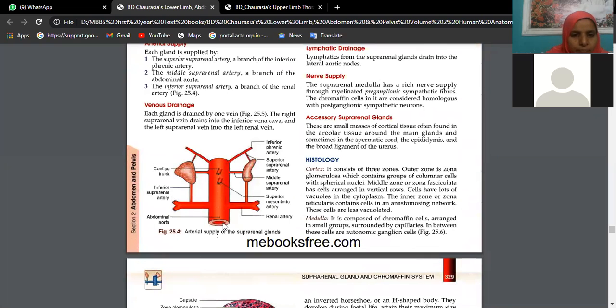Superior is a branch of the inferior phrenic. Middle is a branch directly coming from the abdominal aorta. Inferior is a branch coming from the renal artery. Okay, this has come for 2 marks. That means it can come for you for 3 marks.